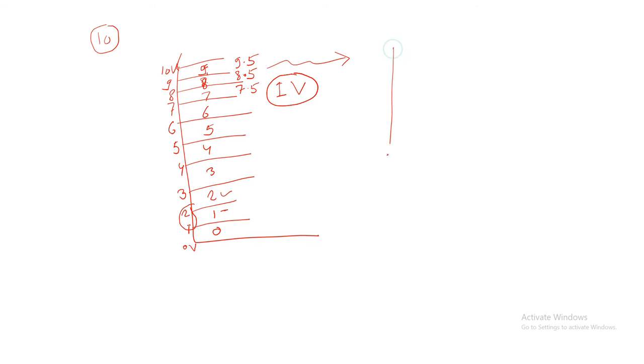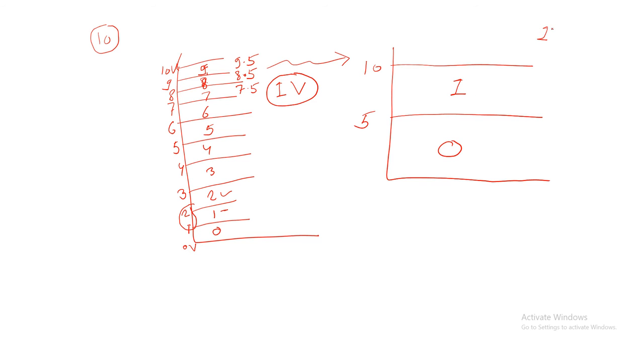But if, let's suppose, I use the binary number system, I have just two levels, so I can divide my voltage range up to 5 volt, then 10 volt. This will represent 0 and this will represent 1. Now a 1 volt fluctuation won't cause as much problem as in the decimal number system.